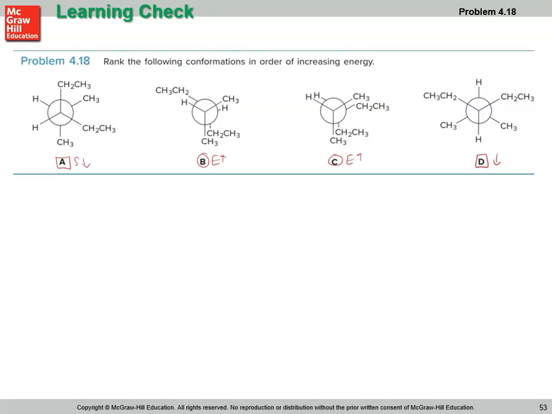Compared to over here, where we have maybe 1, 2, 3 interactions, here we just have 2 interactions on either side. So I would say that the lowest energy one is going to be D, followed by A.